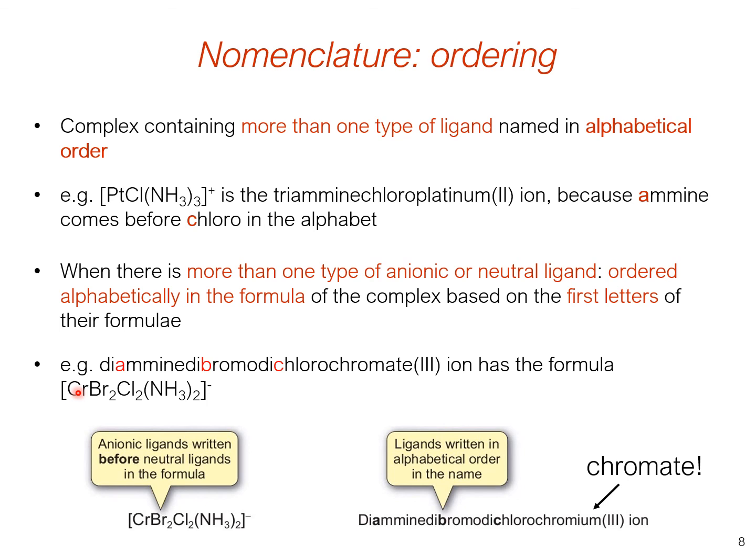Now, if you've got more than one type of negatively charged or anionic ligand, or neutral ligand for that fact, then the alphabetical ordering comes into the formula as well. So for example here, we've got chromium with some bromide ions and chloride ions and ammonia ligands. And then because both of these are negatively charged, they're before the ammonia, but they go in alphabetical order.